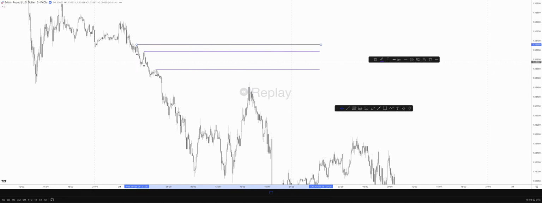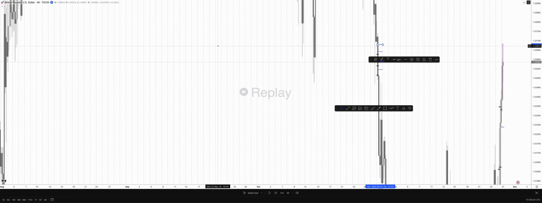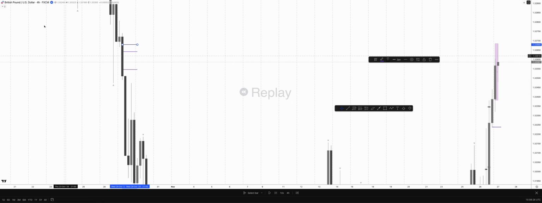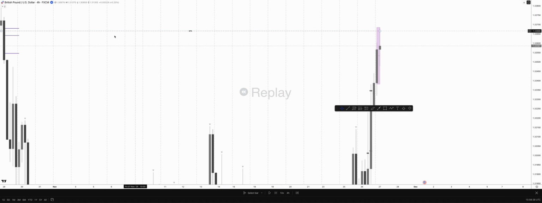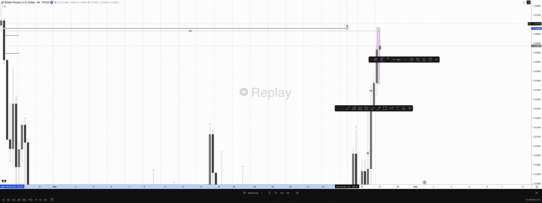Now let's quickly have a look on the high time frame, just see what we can correlate that with, and we can correlate that with EPA. Okay, let's move all of these over now, and then we'll get back to the interesting stuff.